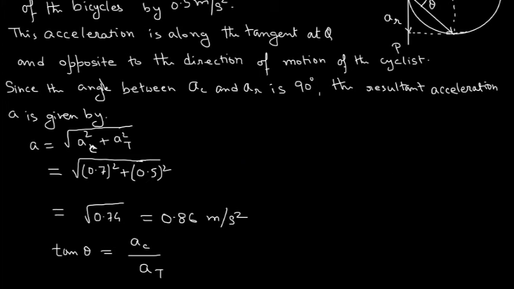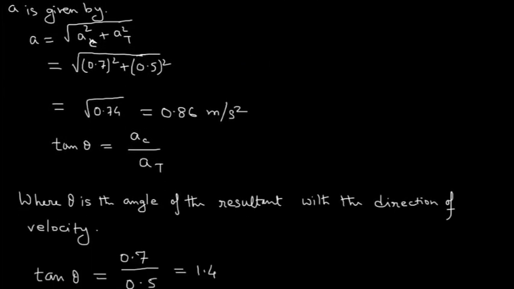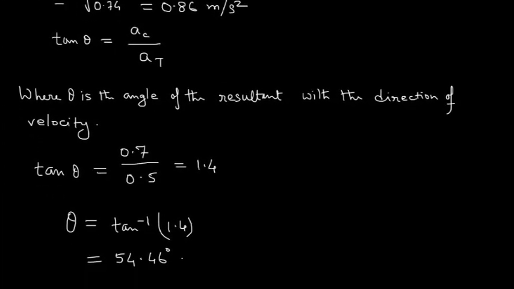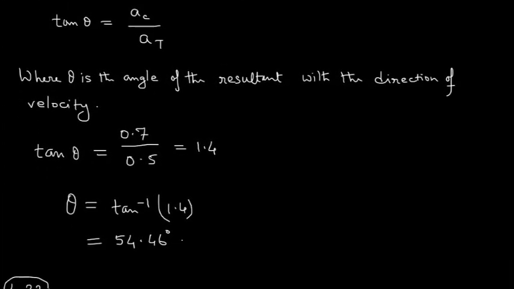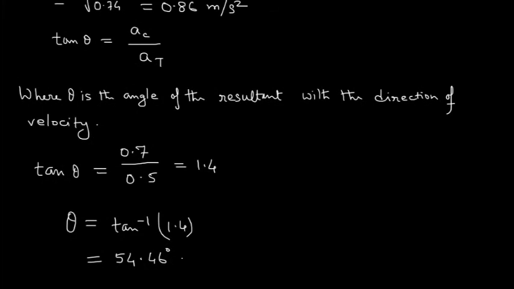Tan theta is equal to AC upon AT, where theta is the angle of the resultant with the direction of velocity. Tan theta is equal to 0.7 upon 0.5 is equal to 1.4. Theta is equal to tan inverse 1.4, that is 54.46.